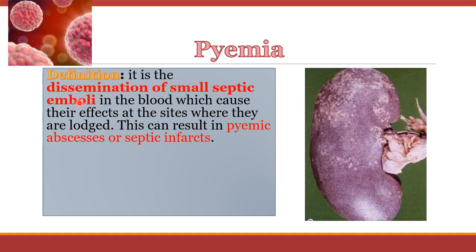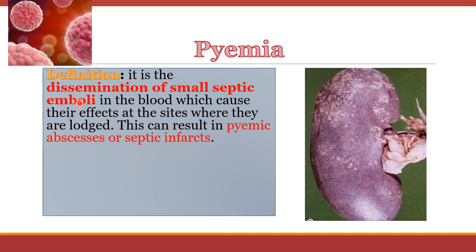Either they will start a focus of inflammation around them and create small abscesses, which will be called pyemic abscesses, or they will stop the blood supply to a certain area supplied by this vessel, so they will cause infarction or necrosis of the tissue that will be infected because of the action of the bacteria. So they will lead to septic infarct.